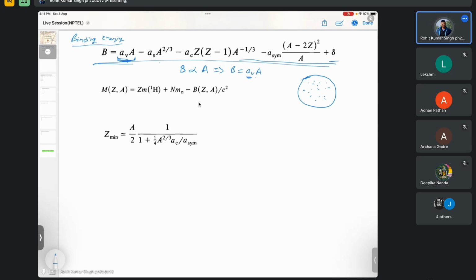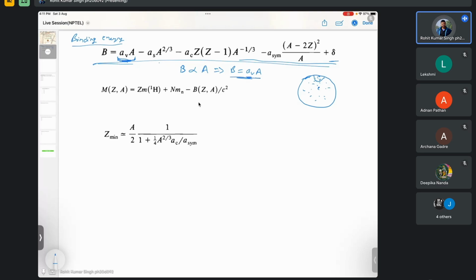For example, a nucleon on the surface experiences a different condition than those in the bulk. Nucleons on the surface feel the strong force only from one side, not from the other side, because the other side is empty, right? So we might be overestimating the binding energy when we just write this term.